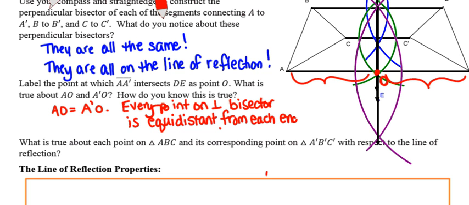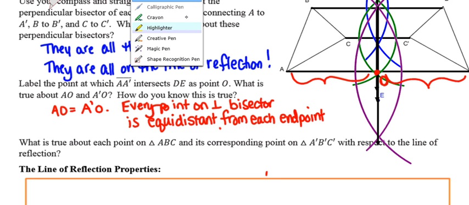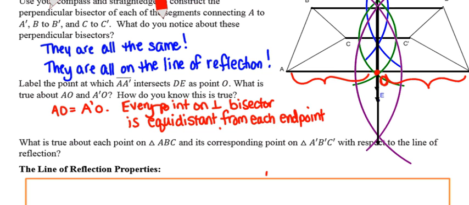And that's a big key idea that we're going to continue to revisit time and time again. Every point on the perpendicular bisector is always going to be equidistant from each endpoint. And the last part of this wants to know what is true about each point on triangle ABC and its corresponding point on A prime, B prime, C prime with respect to the line of reflection.